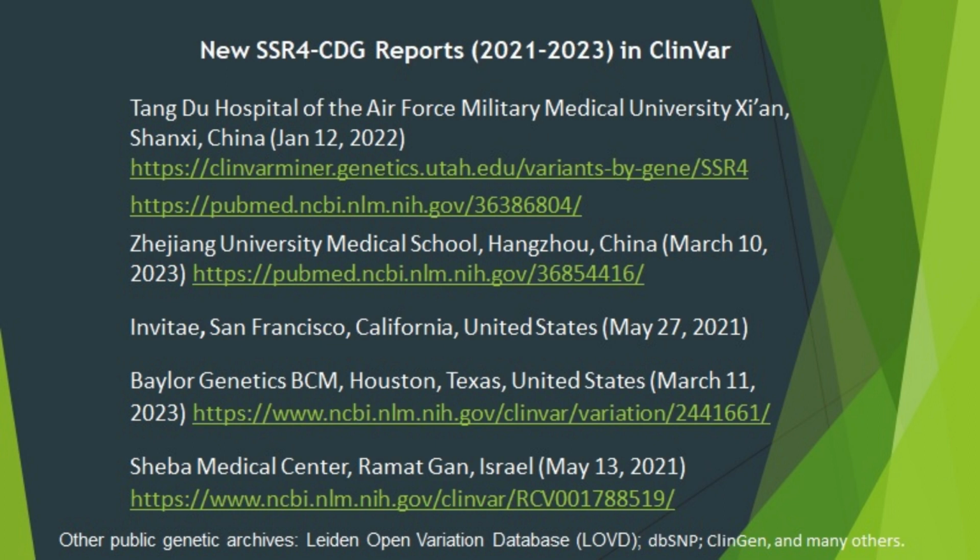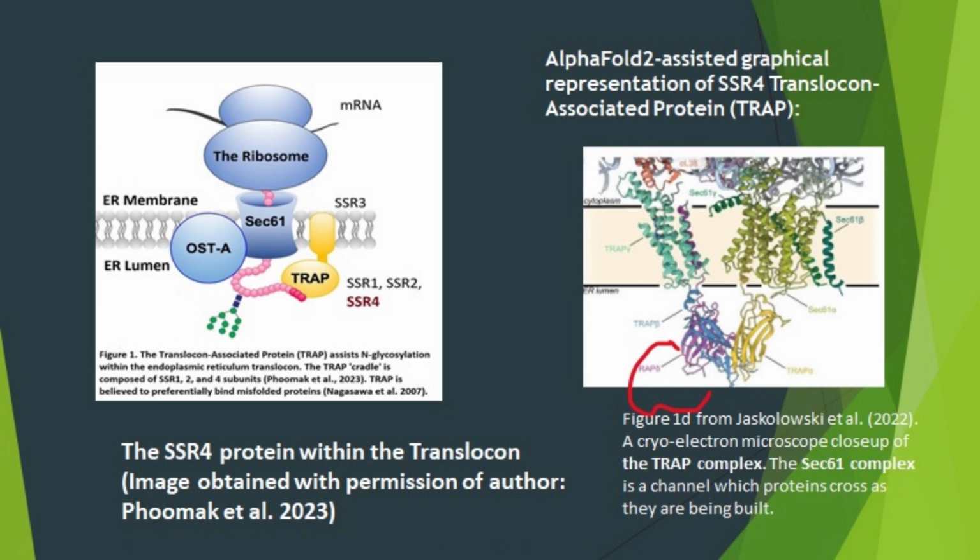We see that there are 2 boys identified in China, 1 in California, 1 in Texas, and 1 at a medical center in Israel. The dates represent when the variant was reported or updated. SSR4-CDG is a growing community with new patients being diagnosed each year. Hopefully, this fact will encourage research scientists and clinicians to study SSR4-CDG.